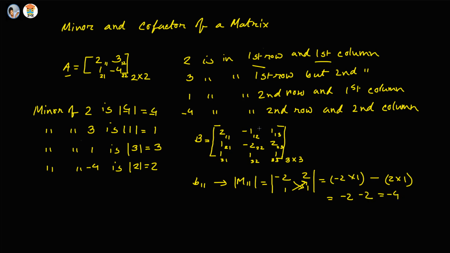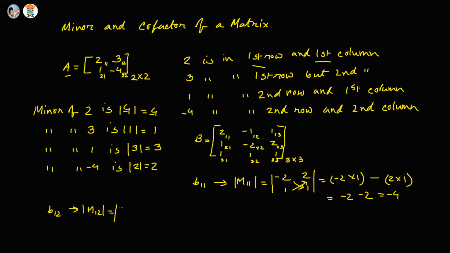Similarly, this element we can say B12, and the minor of B12, say M12, will be equal to, here we will exclude first row and second column, so we will be left with these 4 elements, this element, this element, this element and this element.